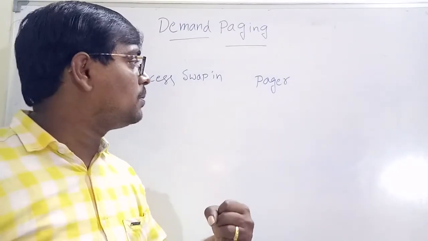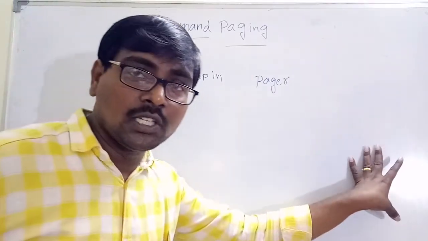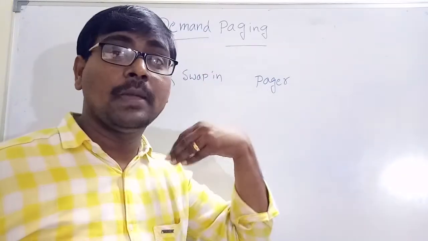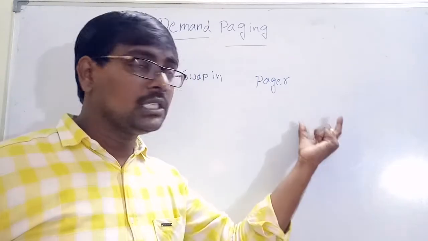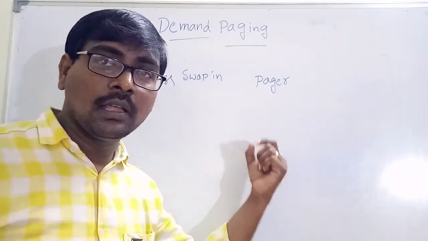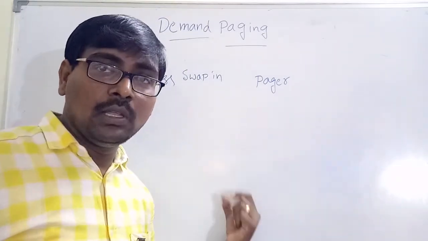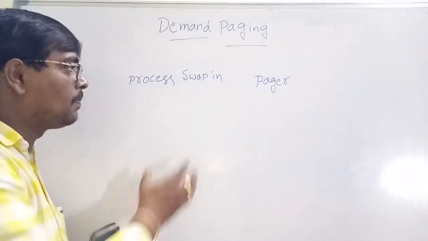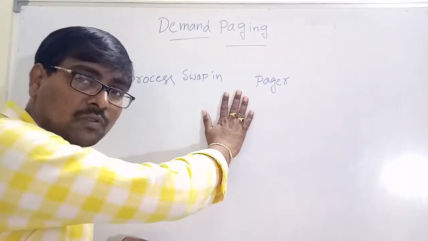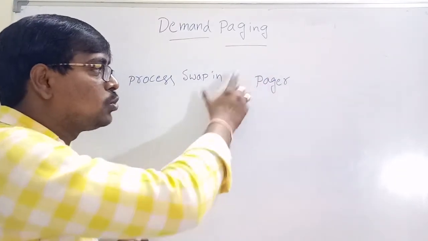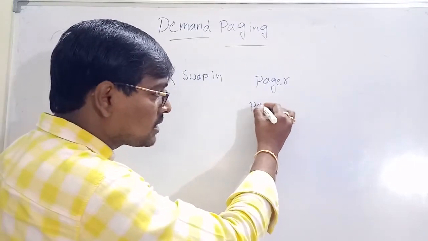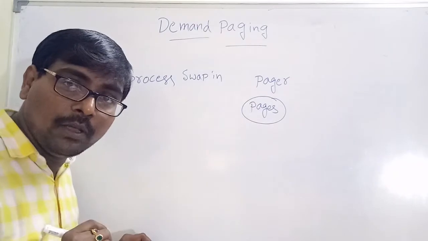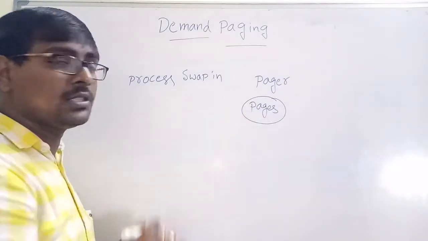Swap in and swap out means, suppose a process is in execution, and if a high priority process comes, we swap out the running process and give priority to the high priority process, that is, swap in the newly coming process. Similarly, whenever a process is swapped in, the pager has to guess which pages will be used before the process is swapped out.